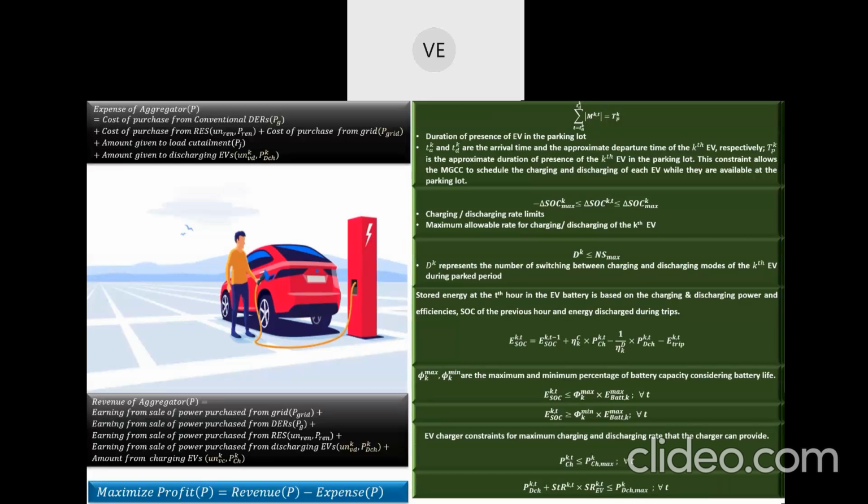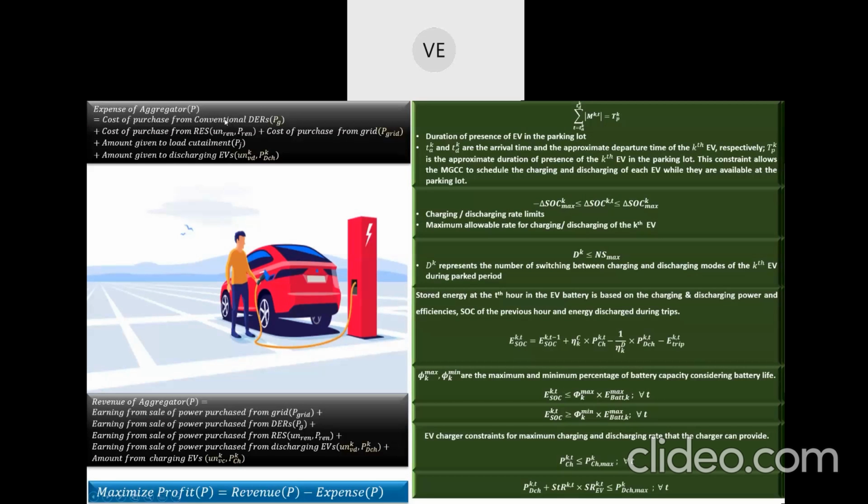Okay. So the expense of aggregator, you can see the function here. The conventional distributed energy resources. What are conventional distributed energy resources? These are fuel-based distributed energy resources. That means a diesel generator has some operational cost, right? Whoever owns a diesel generator has some operational cost based on the fuel price.